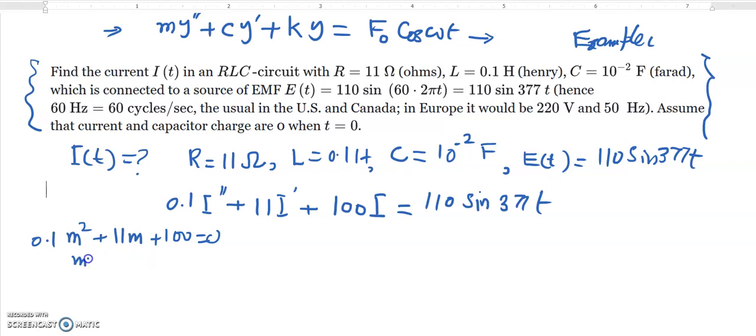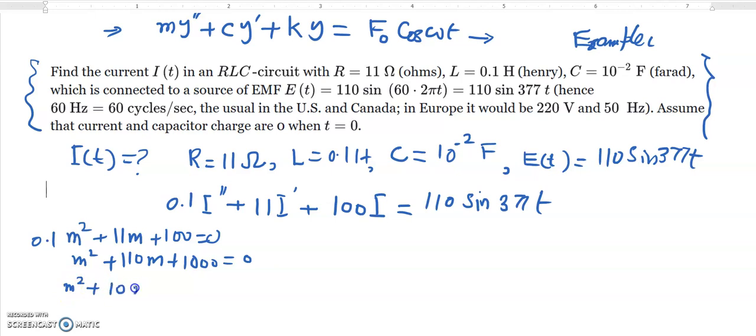To simplify this equation, m² + 110 m + 1000 = 0. Can we do a factorization? 1000 and 100, and 100 times 10 gives 110. So yeah, we can do a factorization.